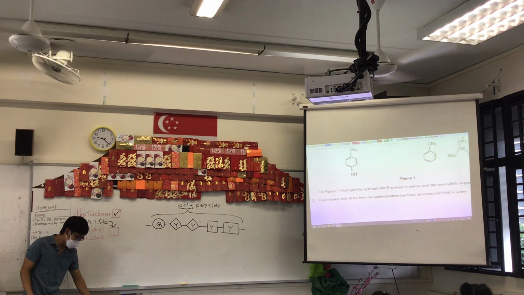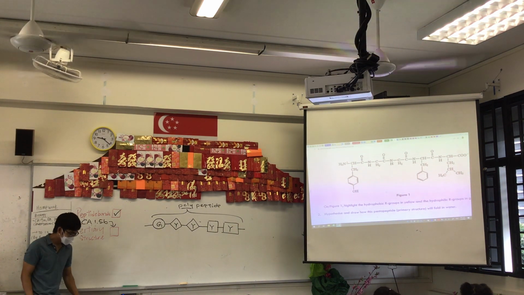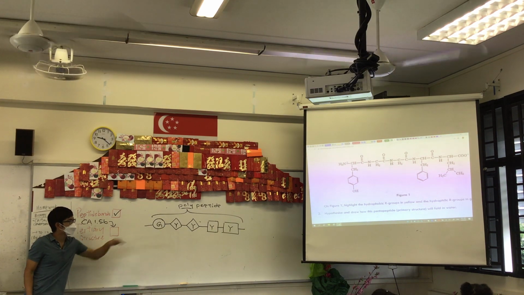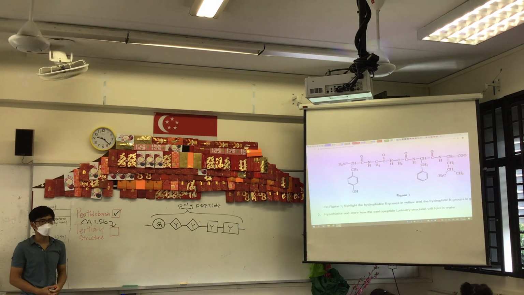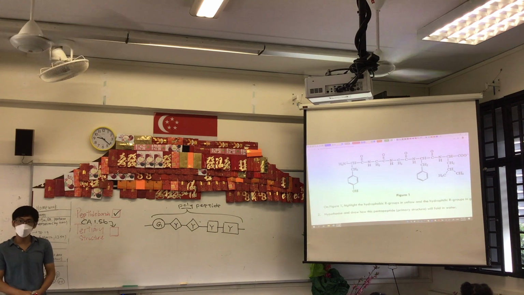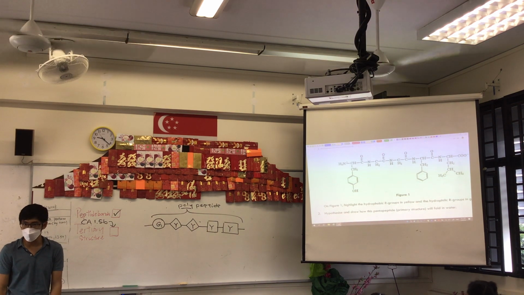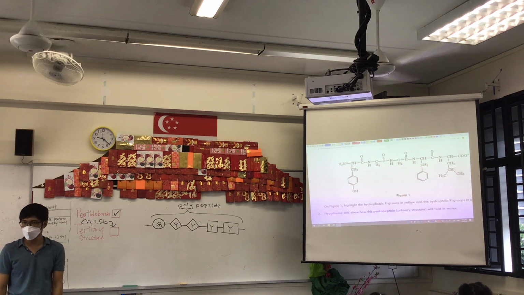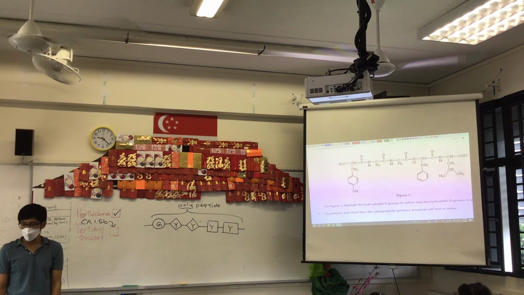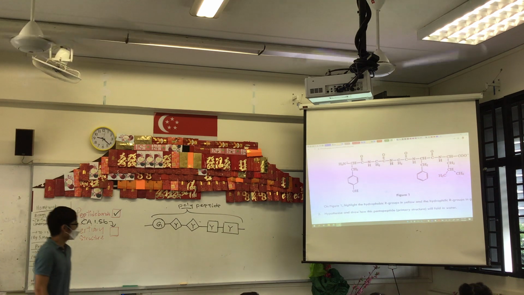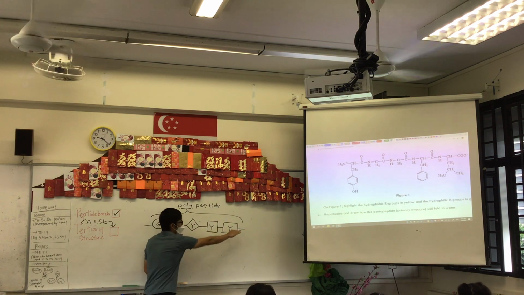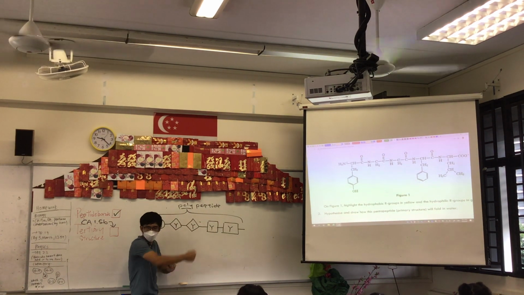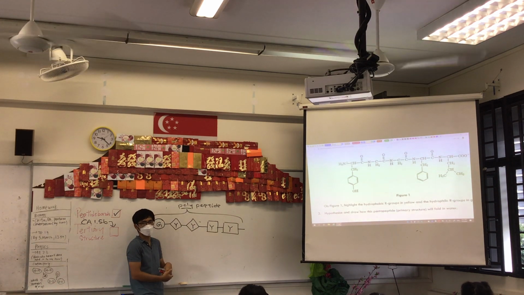Can I get you to hypothesize and draw how this particular polypeptide will fold in water? We've done this before in lipids. Remember in lipids, I kept getting you to arrange the lipids in water? For this activity, how do you think this string of amino acids will coil and fold itself in water?